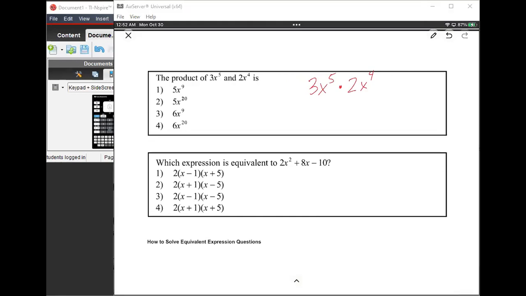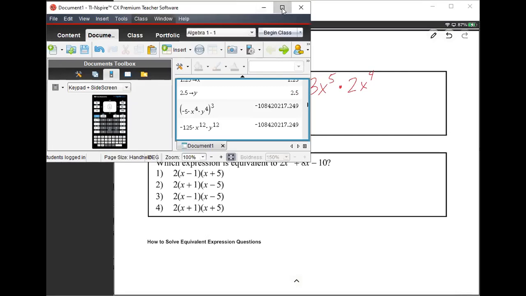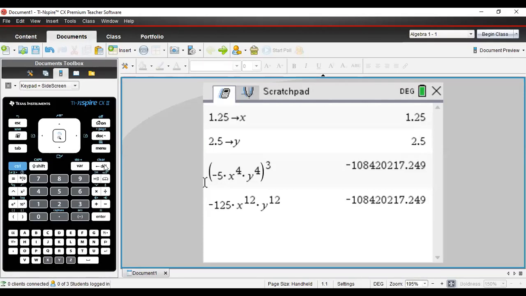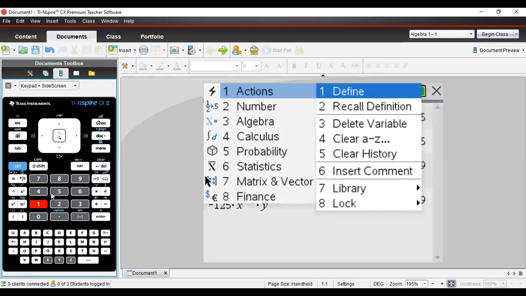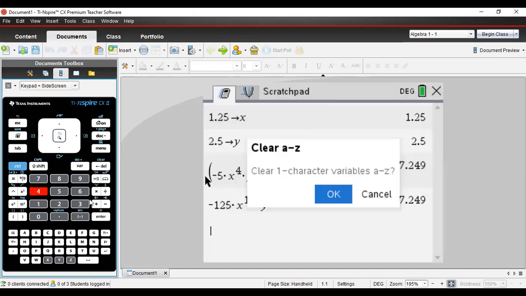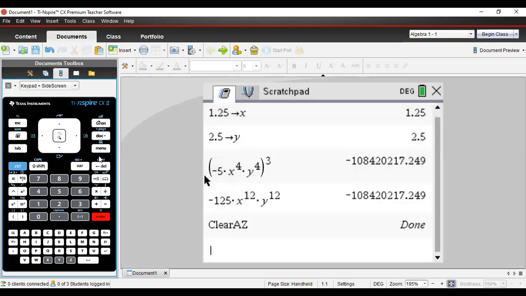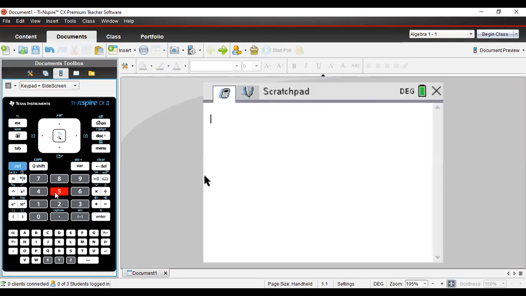So let me go get my calculator. I'm not sure why it's so small. Menu 14, get rid of this. And then menu 15, clear it. All right, so now all I'm going to do is store a number. It's going to be 125.